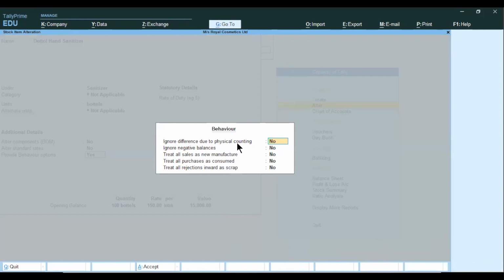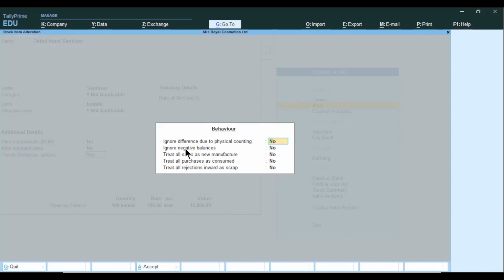If you count the stock physically, it may come different as compared to the stock maintained in Tally ERP. It is possible in case of stocks like nails, nut bolts. In Tally, it may show thousands of nut bolts available, but it is impossible to count thousands of nuts and bolts. So this behavior can be enabled to ignore the difference due to physical counting.